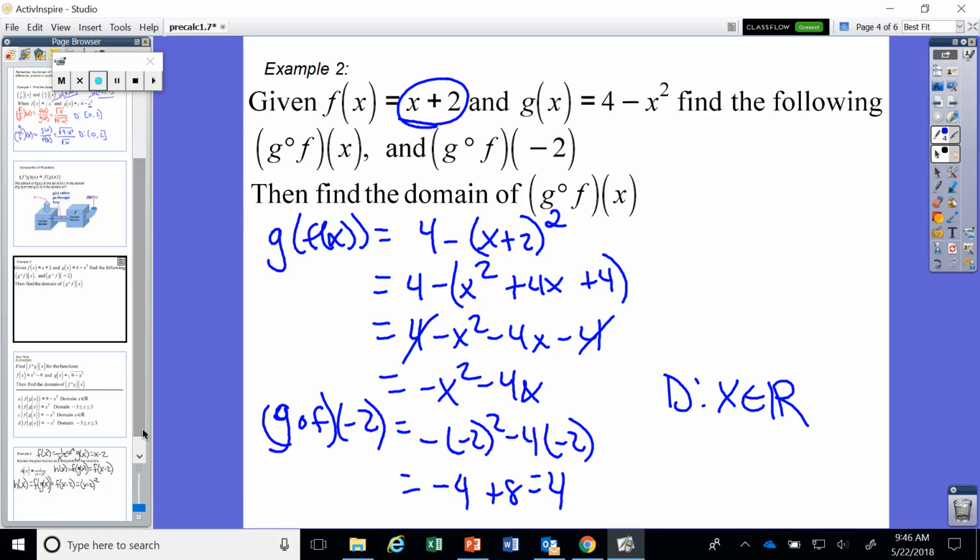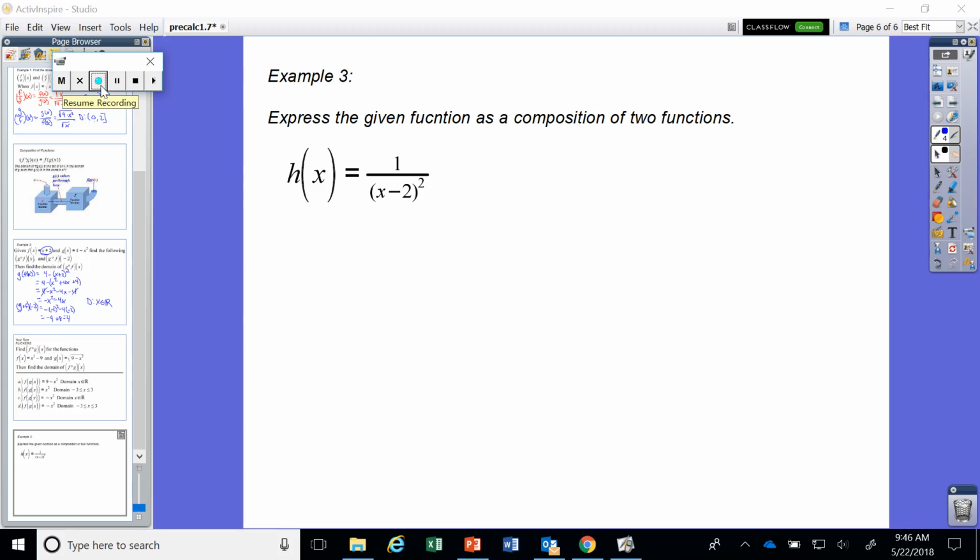Let's continue on. Now what if I said, here is a specific function, and my goal now is to express the function itself as a composition of two other functions.